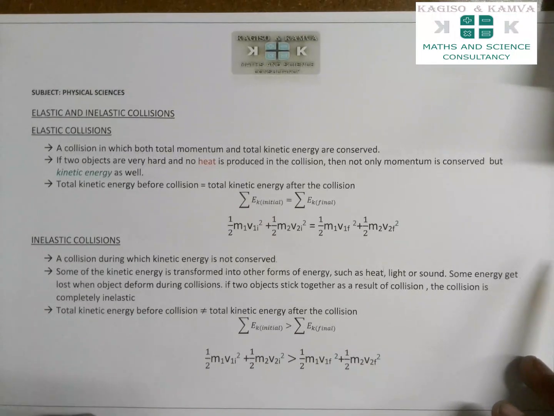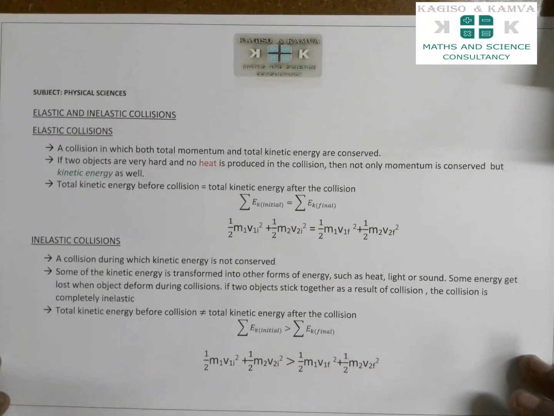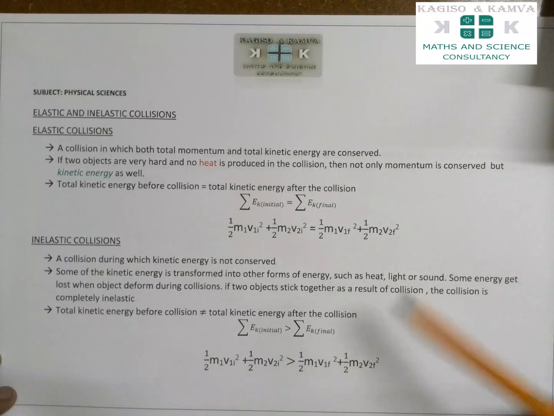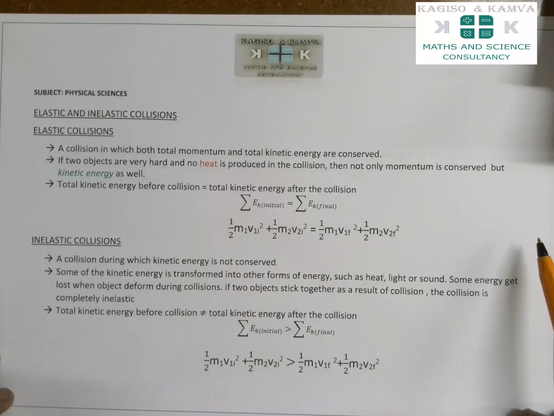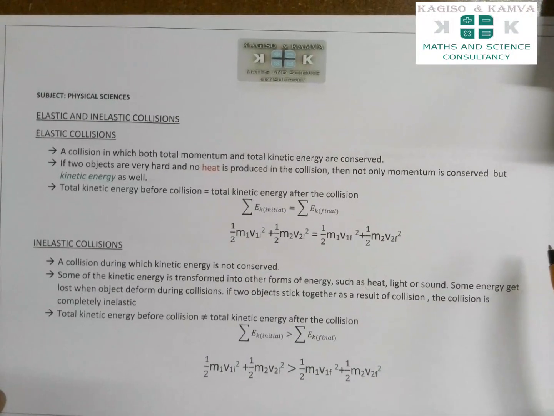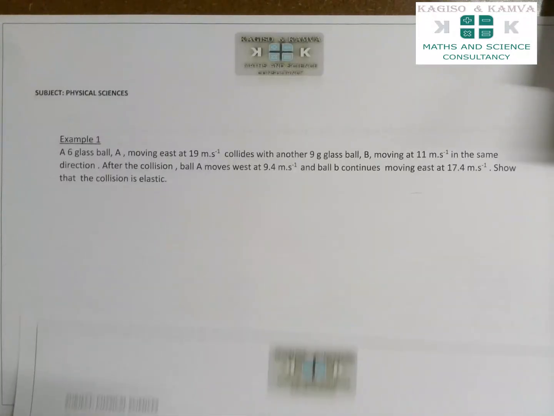That will mean the sum of the kinetic energy before is greater than the sum of the kinetic energy after, simply because some of the energy is transformed into other forms of energy, such as heat, light, or sound. So we're gonna use the kinetic energies to prove whether the collision is elastic or inelastic. Now let us do the examples.